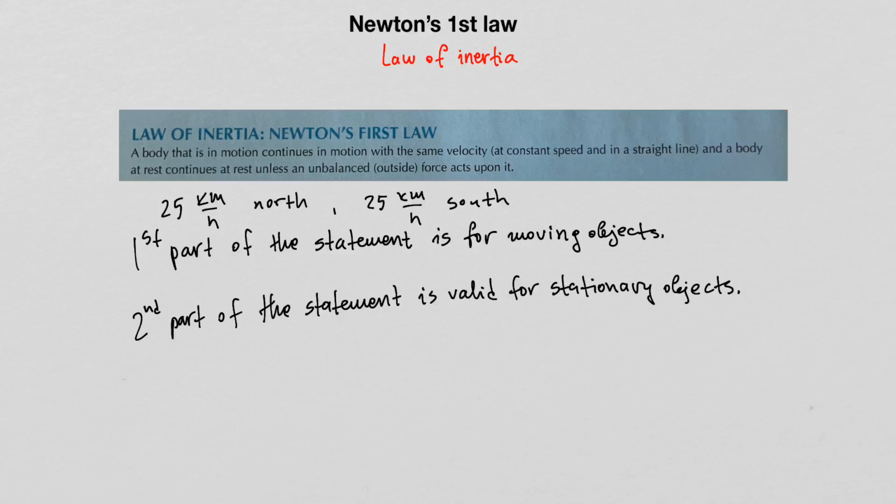Now, if an object is at rest, and it's not moving, does that mean that this object is not under the action of any forces at all? No, that is not correct. The object can be under the action of multiple forces at the same time, but as a result, the object is not moving because those forces cancel each other out, and therefore there is no unbalanced outside force acting on the object.